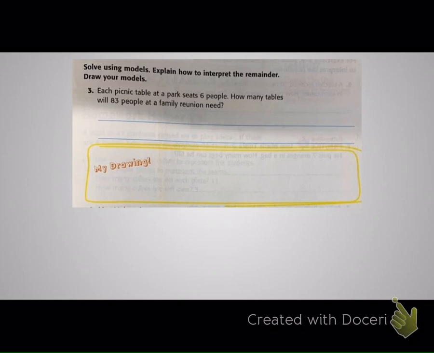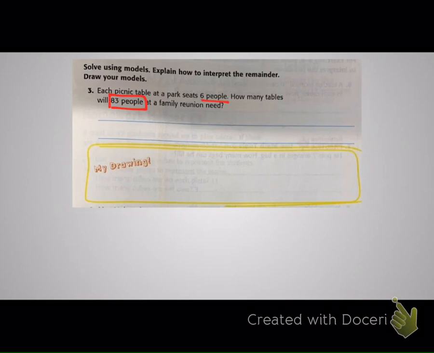All right, let's take a look at this next problem here. It asks us to use models, explain how to interpret the remainder. So let's take a little closer look at this. It says each picnic table at a park seats 6 people. So how many tables will 83 people at a family reunion need?